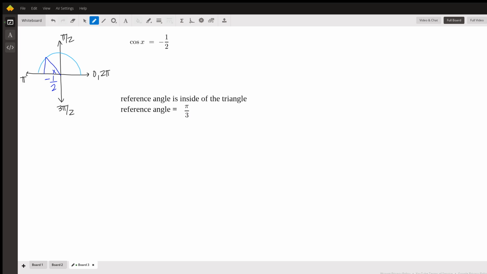But we actually should probably call this a different letter. We want to actually find this angle that goes all the way up until this point here. So to find that angle, we have to do pi minus pi over 3. Because pi would be going all the way over to this point here, but we want to subtract out this inside portion, which was our pi over 3.